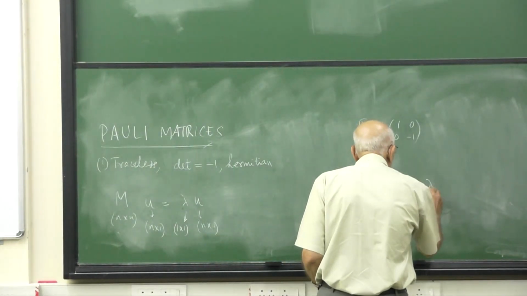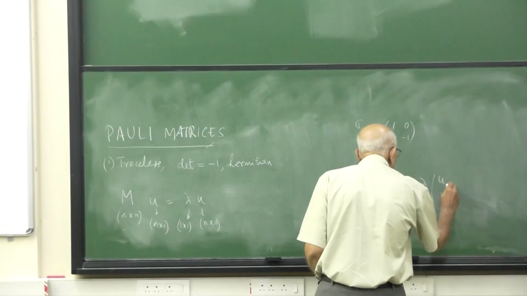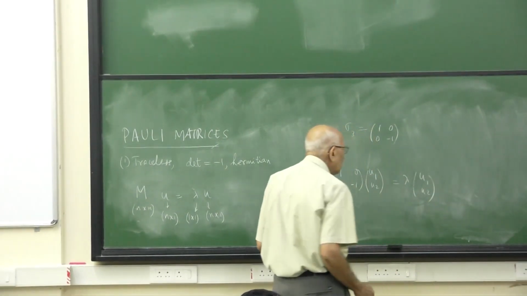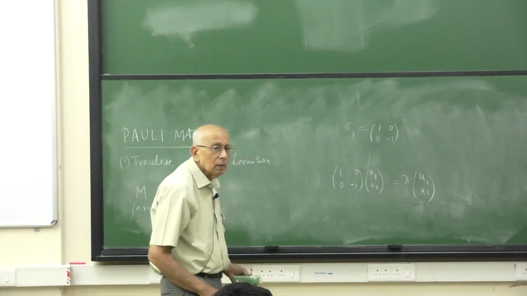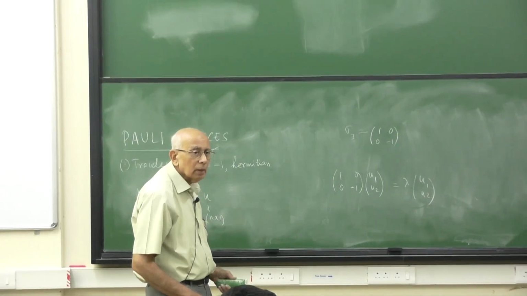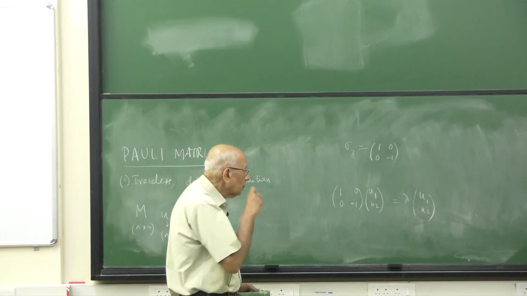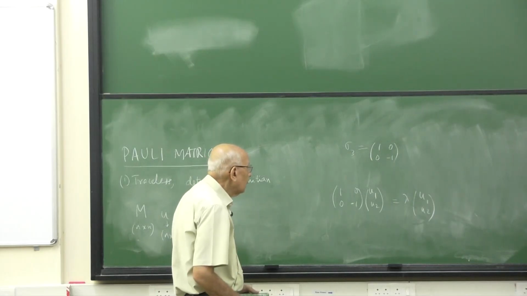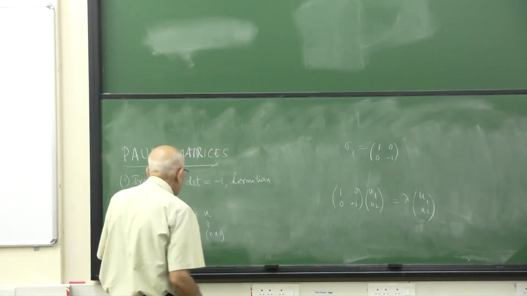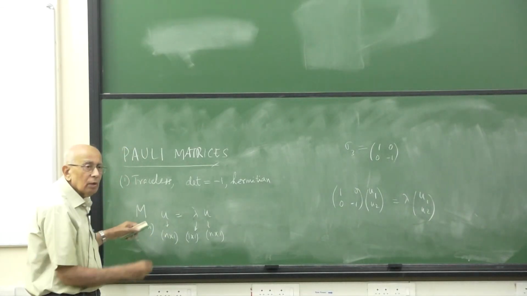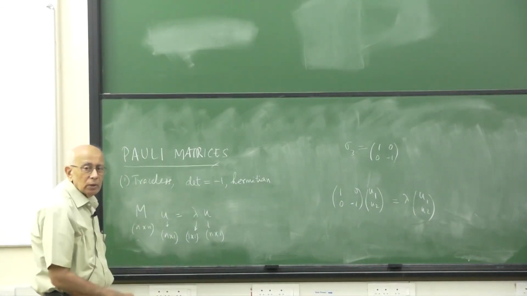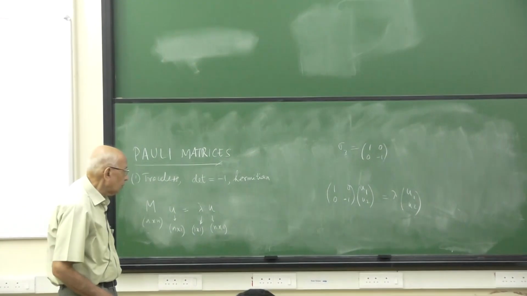This is equal to lambda times u1, u2. Right? So the equation I have written is this. Let me write the general formula down and then do it in the 2 by 2 case to give the example. So just wait for a second for the example.